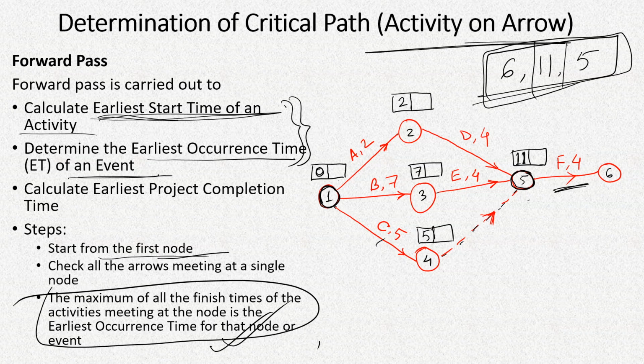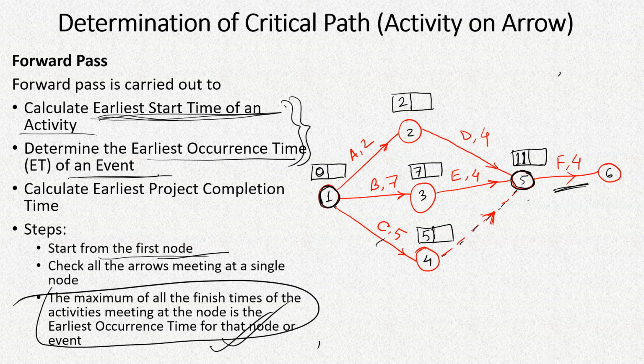So we are writing here 11. After that, it is quite simple. There is only one activity left. So after 11 day, we will write 15 here, because that is 11 plus 4. So on 15 days, this whole project can be completed if we start everything on the earliest possible days.